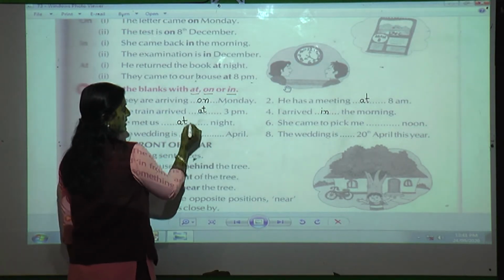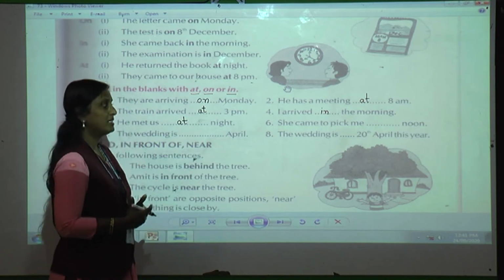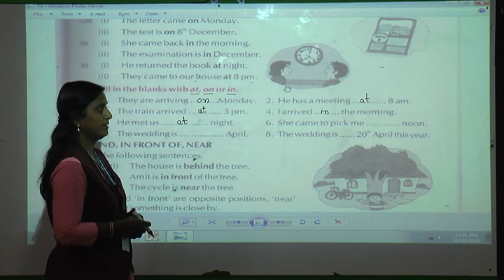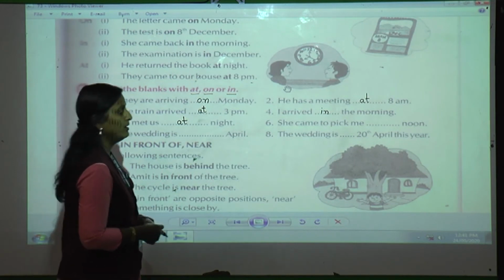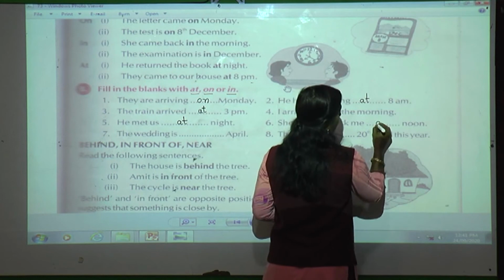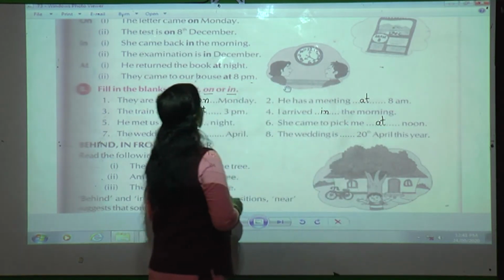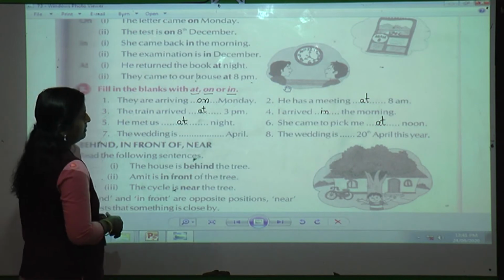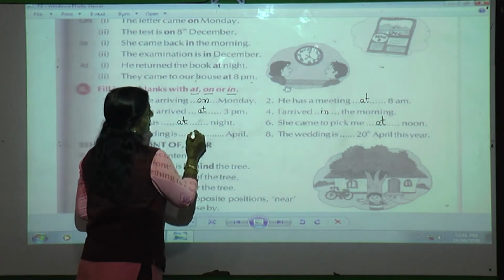We should read the sentence, then we will be able to understand which preposition will fit in. She came to pick me, yes, at noon. The wedding is in April.